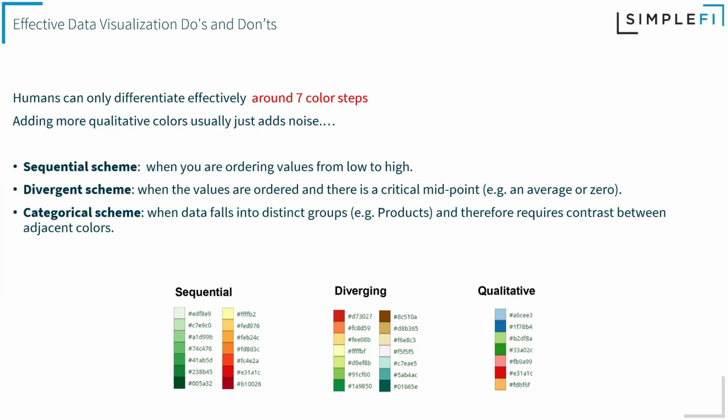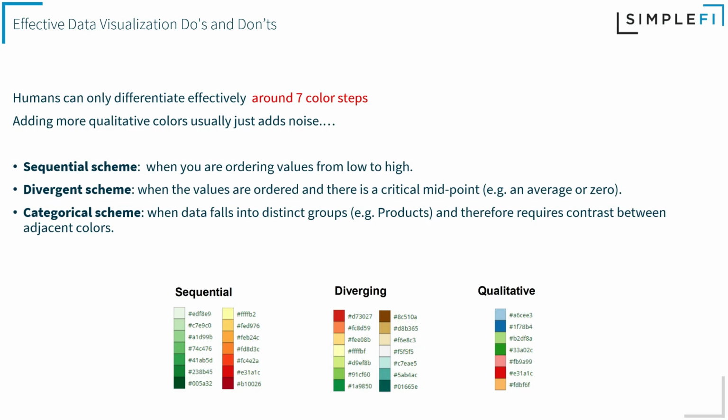So you would use one color and different shades of that one color. The diverging color scheme has a neutral point in the middle and you're going left or right. So it's more about, for example, positive and negative. And then categories, for example, showing certain things by product, certain things by area, where each item has a color associated with it.